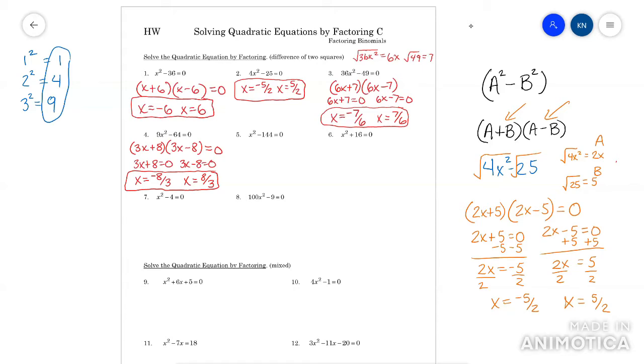Okay, next one, the square root of 144 is 12. So this one becomes x plus 12, x minus 12 equals 0. Set each factor equal to 0 and solve.